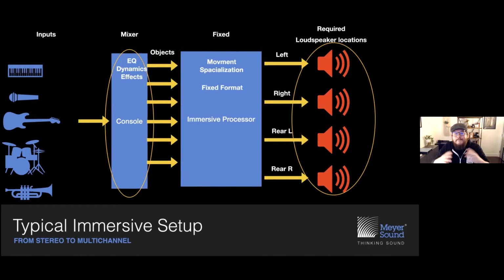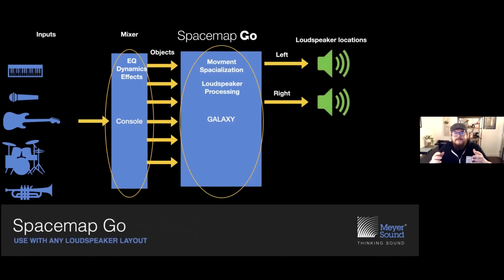While that may be true in some instances of different formats, like if I want to have 5 across the front, of course physics dictates where you would need to place that. And we go into that extensively on the Spacemap Go help website. Bob McCarthy has actually written a sort of guideline for immersive sound system design. But because those algorithms require a whole bunch of speakers and have very fixed positions, it's not conducive to a live mixing environment and a live sound environment.